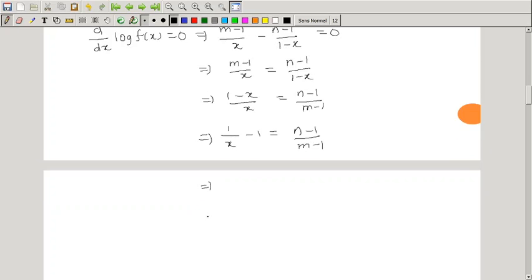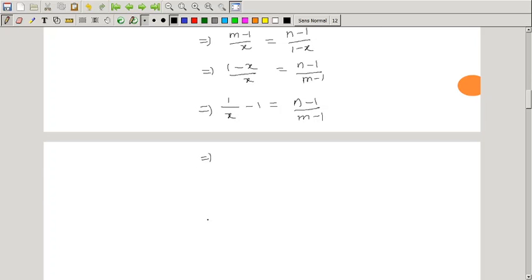That means 1 upon x is equal to 1 plus n minus 1 upon m minus 1, that is m minus 1 plus n minus 1 divided by m minus 1.